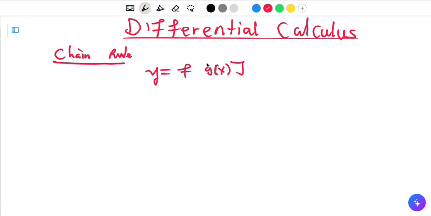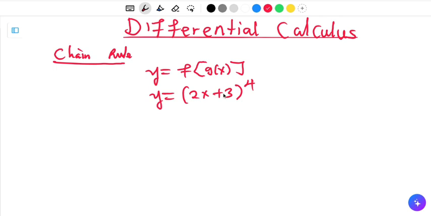So in this case, we have two functions. An example of a question where you're supposed to apply the chain rule is this one: y being equal to open bracket 2x plus 3 close bracket to the power 4. So this is an example. Now which formula are you supposed to use?